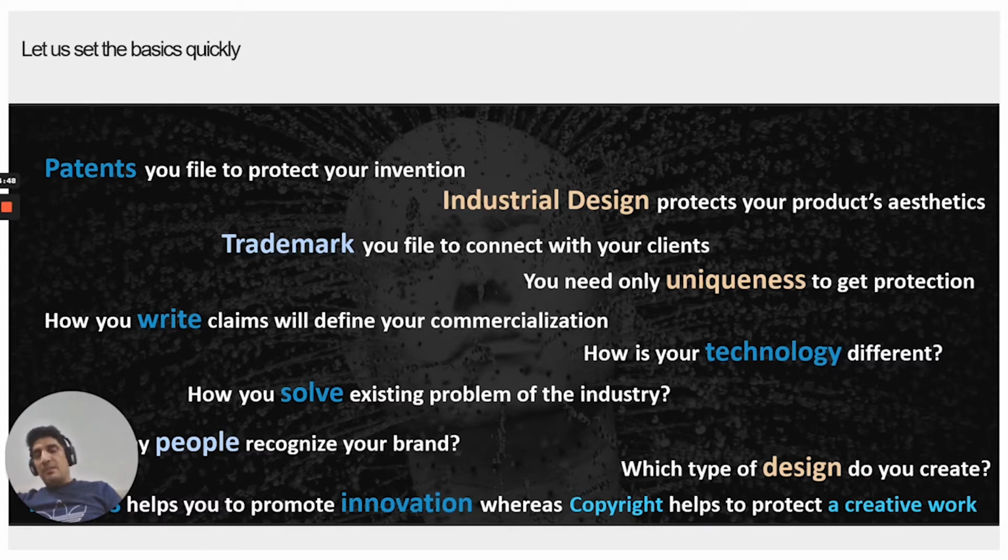Another aspect in intellectual property is trademarks. Usually, trademarks are filed by companies when they connect with the clients so that they know their brand with a specific design, logo, or word name. Nowadays, we are also seeing 3D trademarks, we are also seeing sound trademarks, and many other things.